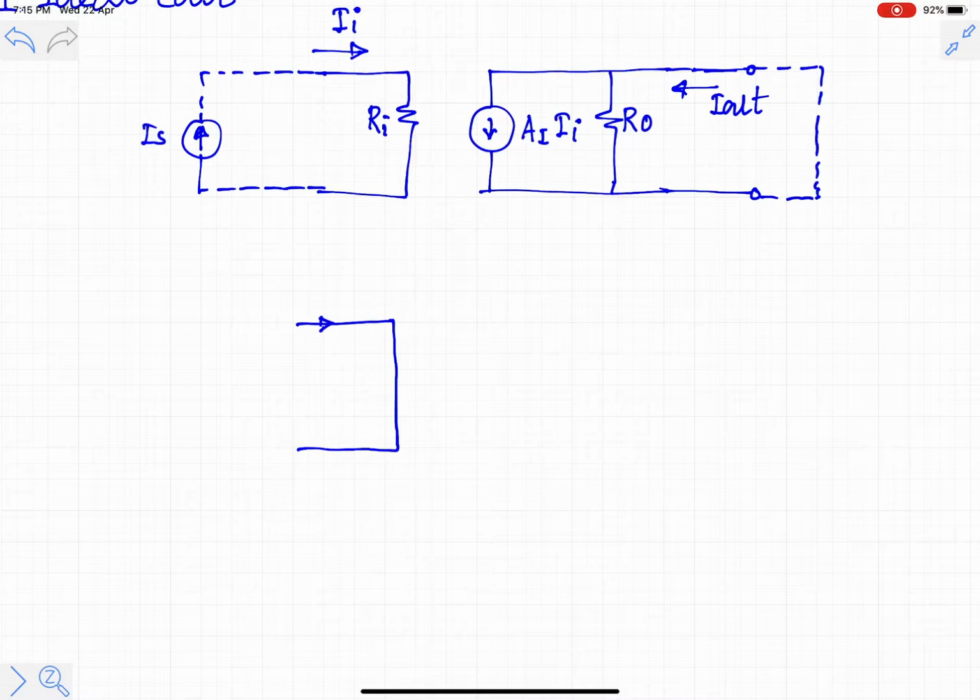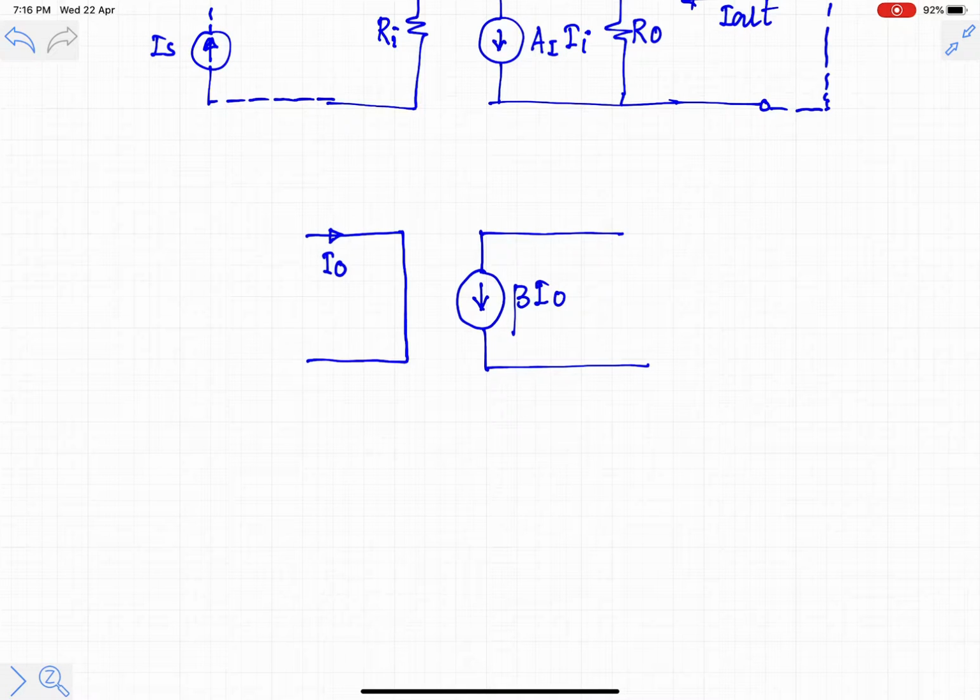So this current is equal to I out or Io, and the output side is a current controlled current source whose value is given by beta into Io, and its output impedance is infinite. So this is the ideal feedback network.